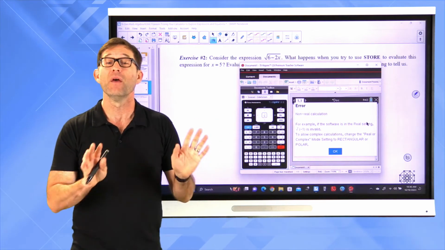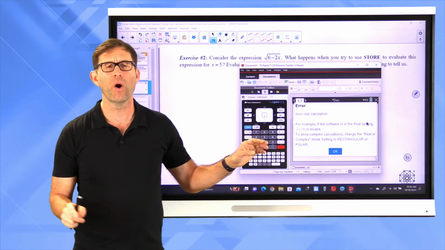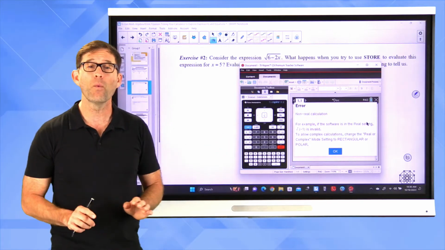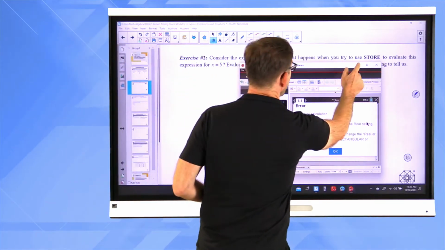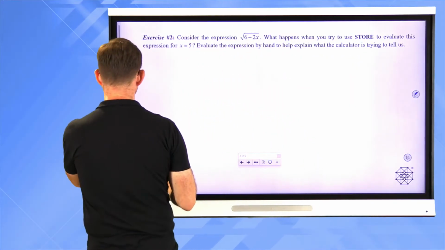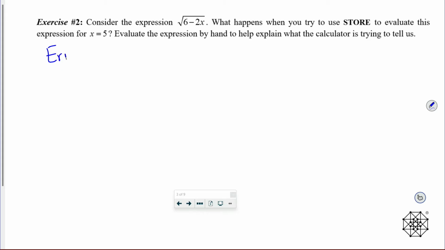Not the point. The point is, your calculator is saying, whoa, I can't do this. This is weird. And all I want you to realize is that it's giving you an error right now. It says error, and answer is non-real.